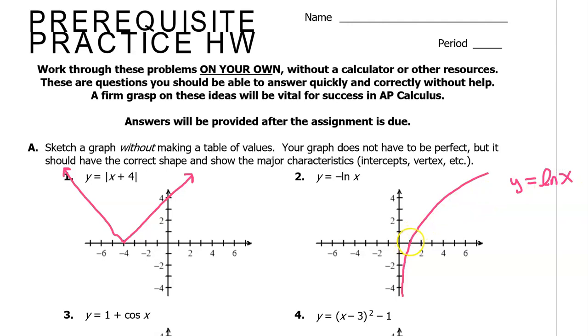Notice it has an x-intercept right here at 1, 0. This negative sign in the front is going to be a reflection over the x-axis. So I'm just going to take this graph that we have memorized and turn it upside down. Alright, it's still going to have an x-intercept right here, but it's going to look like this instead.